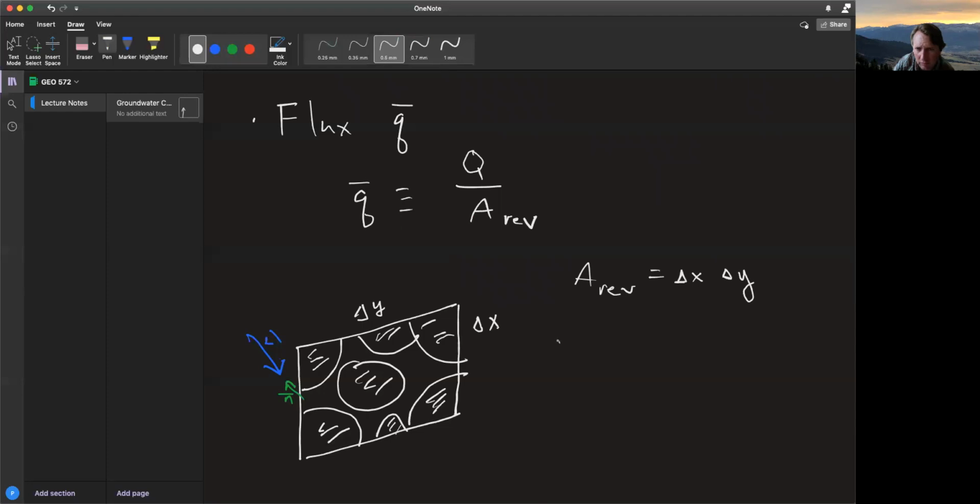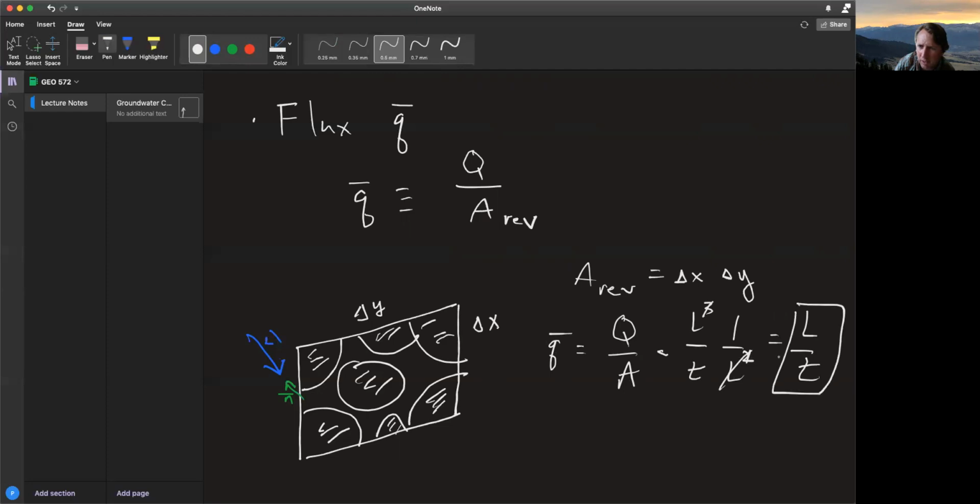Let's look at the units. So little q is equal to big Q over A, which is length cubed over time times 1 over length squared. These cancel, and we get length over time. So flux has the unit length over time, but it is not a velocity.